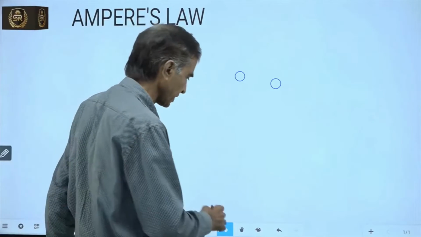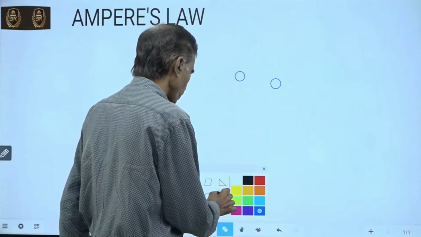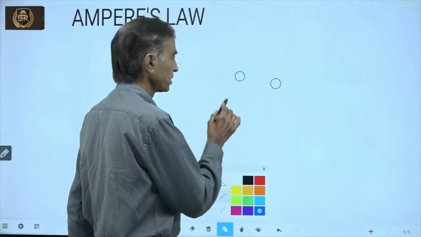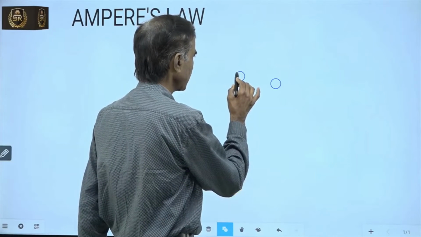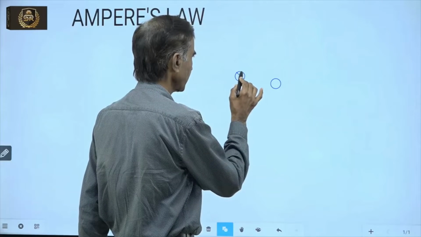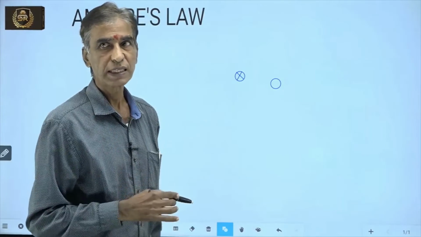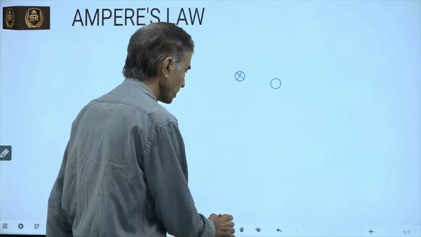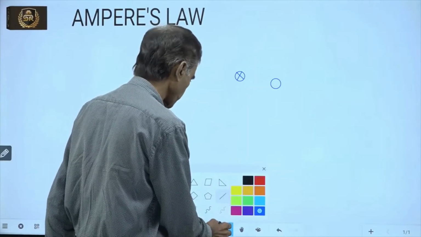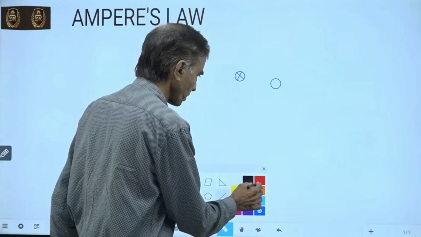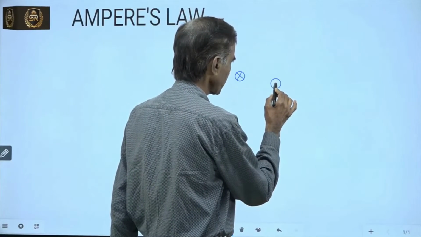One conductor is carrying current into the plane, going into the board. The other conductor is carrying current out of the plane.